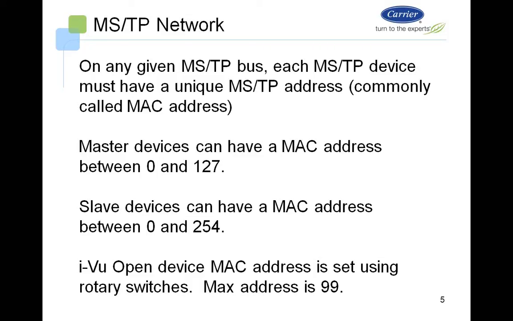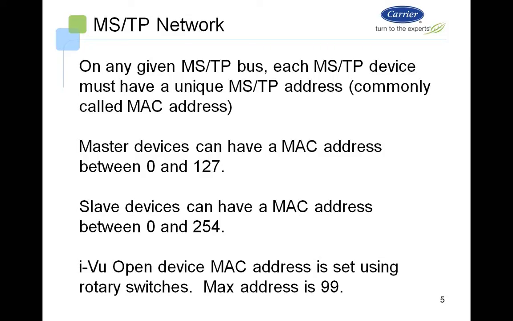When you're using iView Open devices, the MAC address is set using the rotary switches which are on the open controllers and also on the routers. The MAC setting for these rotary switches is 99. Thus, the highest MAC address that you can assign to an open controller is 99.